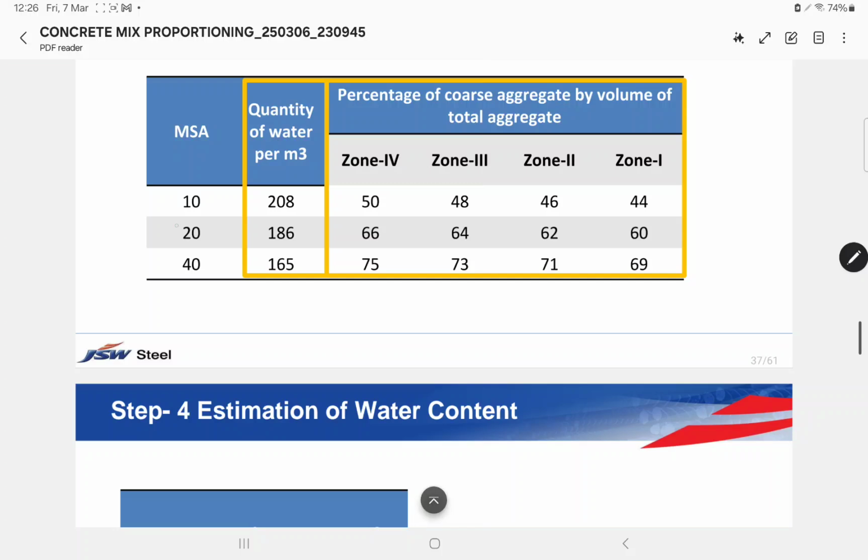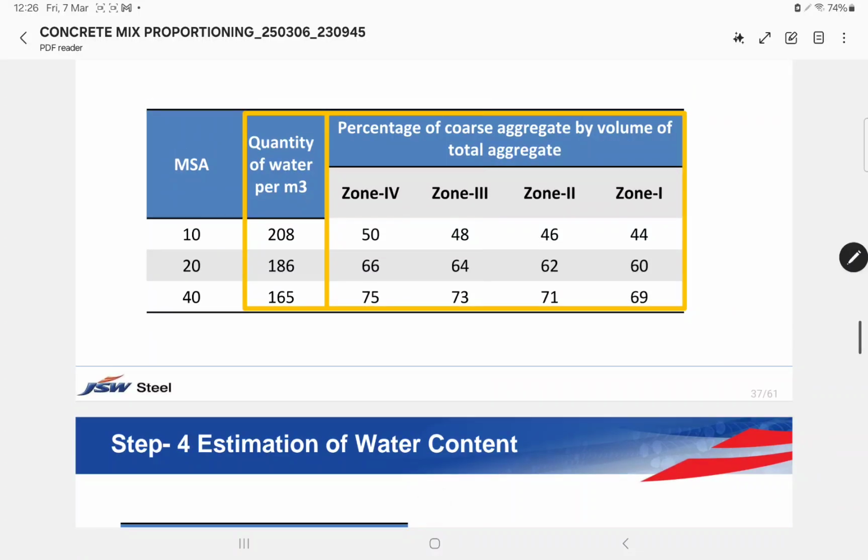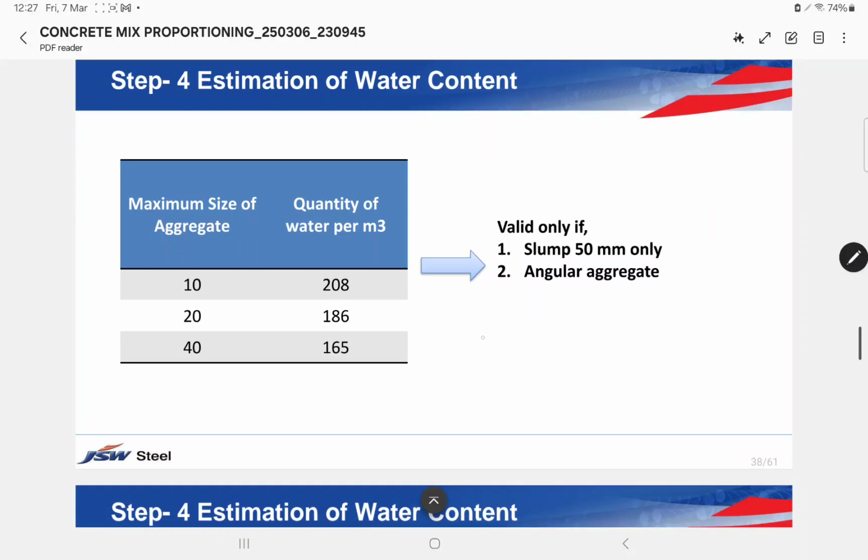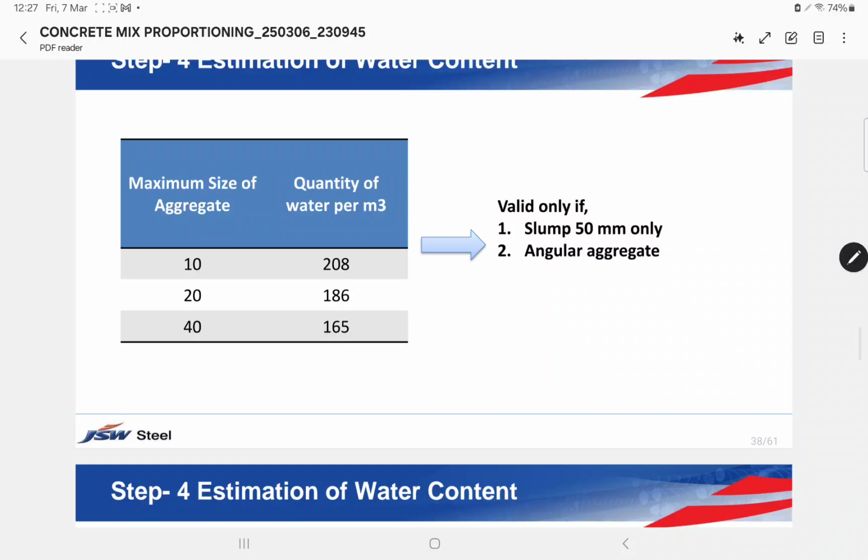But there are some conditions to use this 186 kg of water content, and the conditions are: if you require a slump value of only 50 and your shape of aggregate is angular, only in that case you can use this value of 186.